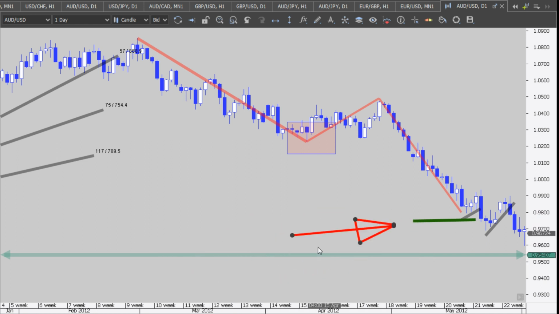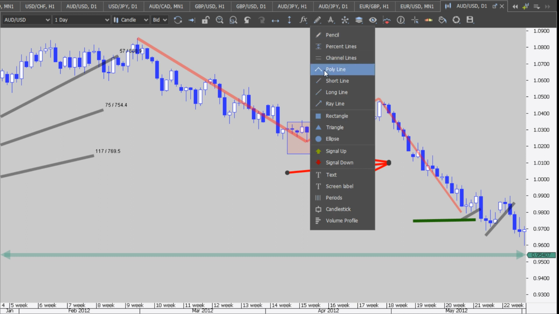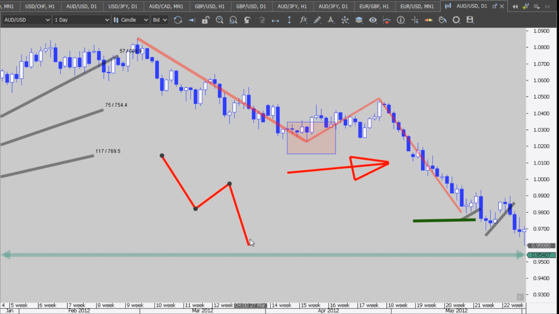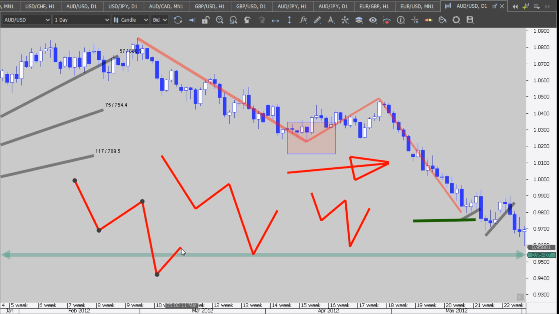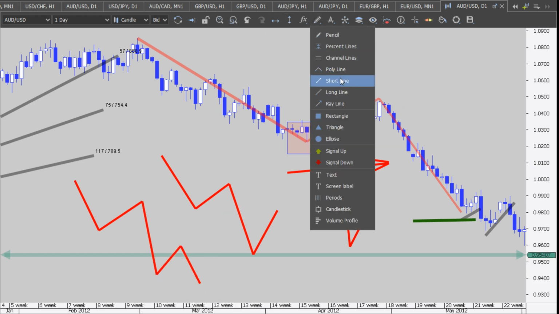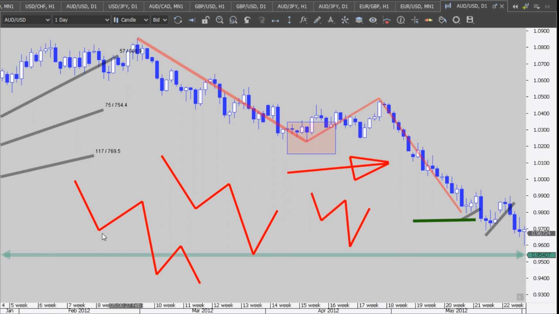We don't know where. Sometimes what we have learned with support and resistance is that the market is going to connect, right? Sometimes the market is going to go through, and sometimes in a downtrend, the market won't even touch the previous resistance.